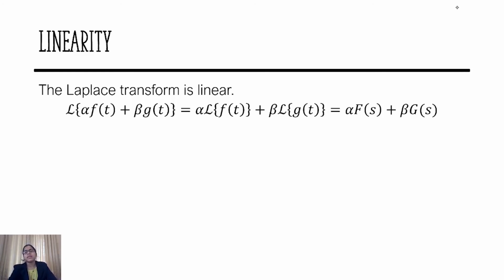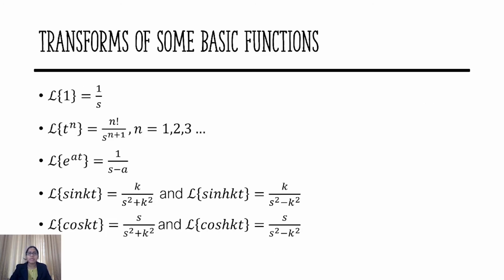As we had discussed, we had found out the Laplace transform of some basic functions that we know. Corresponding to that, we have some basic formulas which we can keep in our memory, so that it will be easy to do the calculations.